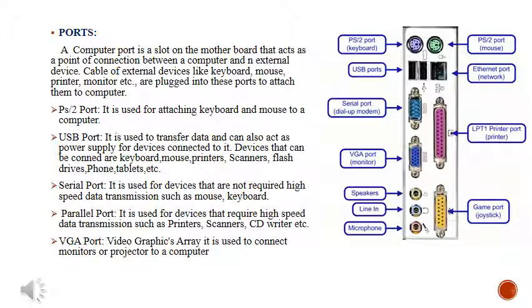A serial port is used for devices that do not require high-speed data transmission, such as mouse and keyboard. Parallel port. A parallel port is used for devices that require high-speed data transmission, such as printer, scanner, etc.